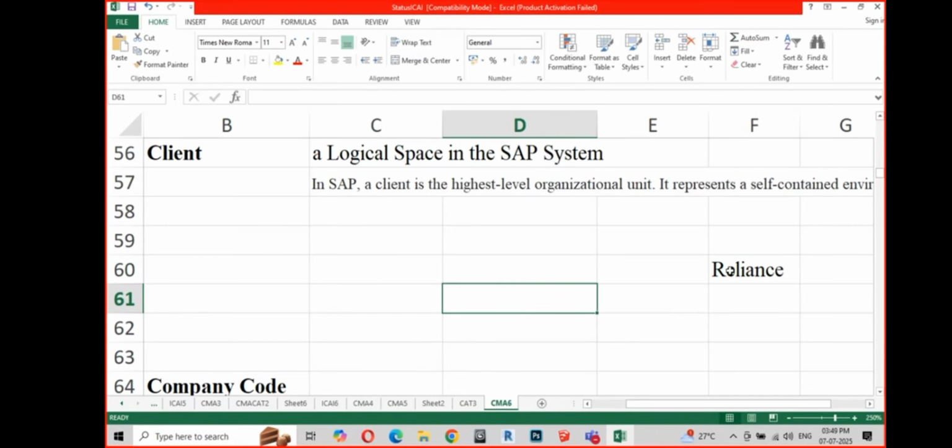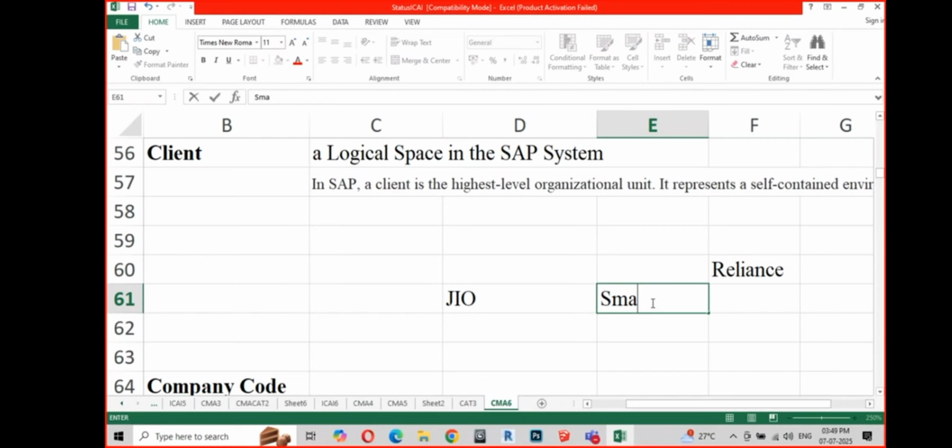What do you have here? Let us say you have Jio, Smart.